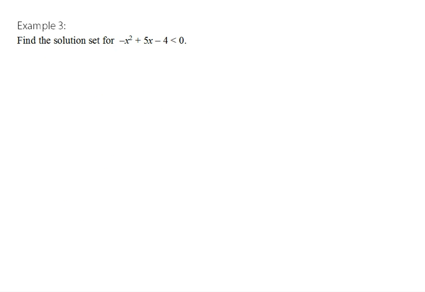Third example, find the solution set for negative x squared plus 5x minus 4. So we want to look at the graph of y equals negative x squared plus 5x minus 4. Now, that's a slightly complicated graph to draw. It's not very complicated, but you just need to be careful about that negative when you're factorising. So factor it out.